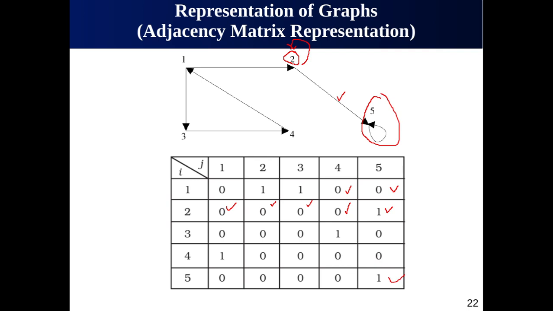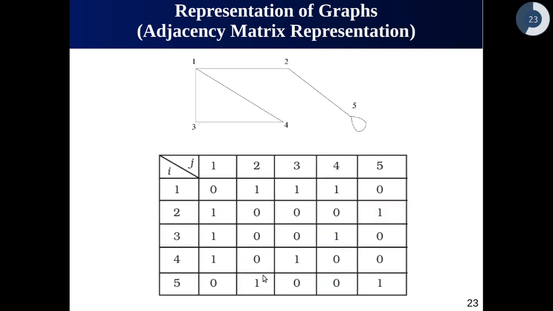If this example is not clear or you have any confusion, let us consider a second example. Now the graph given to us has no direction, an undirected graph. Okay, we have 5 nodes, so number of rows, number of columns, 5 by 5 matrix, and the rest of the concept is the same.